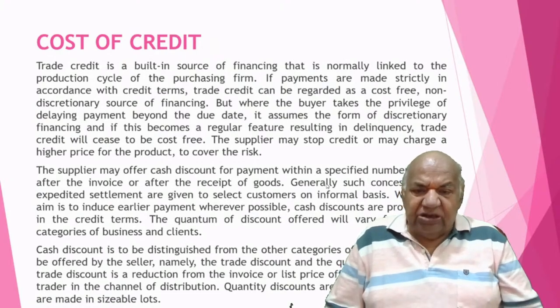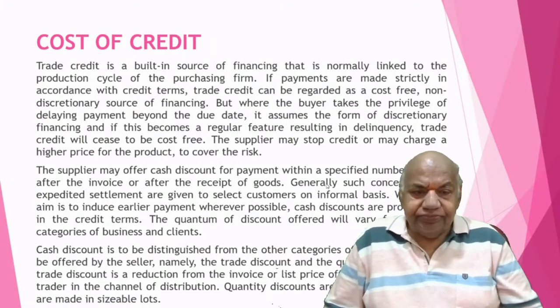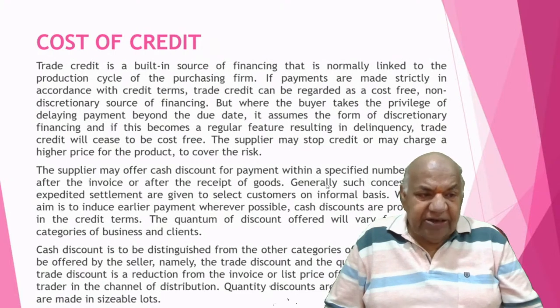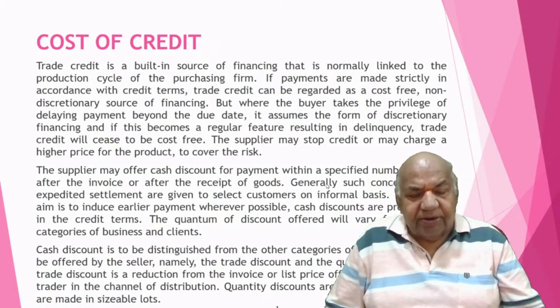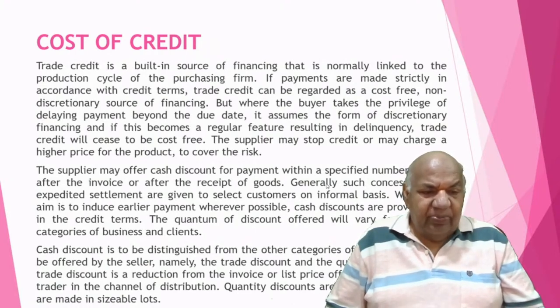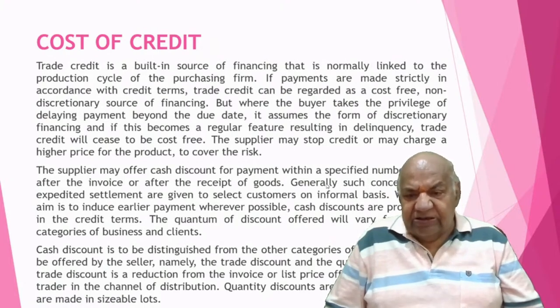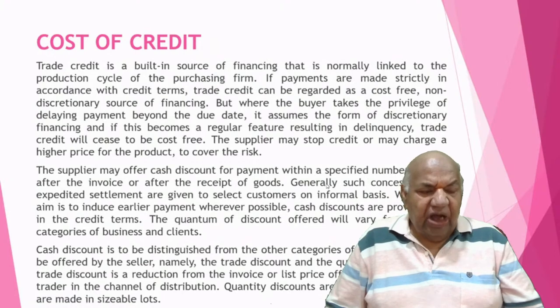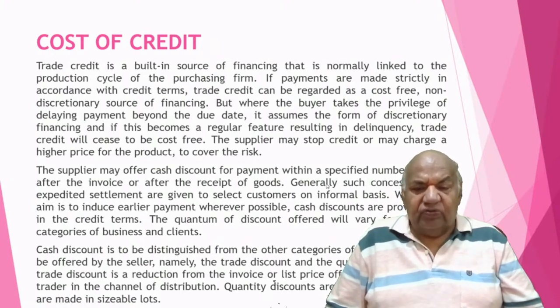The supplier may stop credit or may charge a higher price for the product to cover the risk. The supplier may offer cash discount for payment within a specified number of days after the invoice or after the receipt of goods.